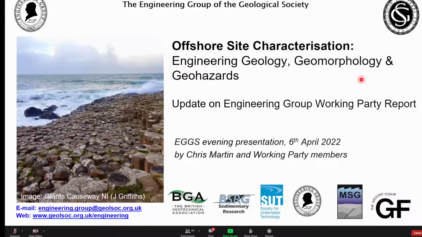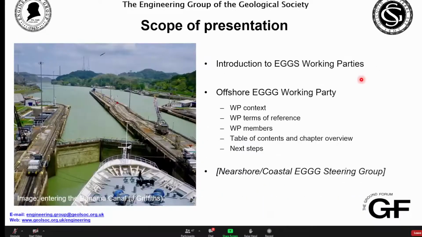Right. On the presentation, what I'm going to do initially is set the scene. I appreciate not everyone is aware what the Geological Society and the Engineering Group Working Party is all about. So just a bit of scene setting as to where we've come from and why we set up. We're going to talk about the Offshore Working Party. We're about 3 years in now. We're drawing towards the end.